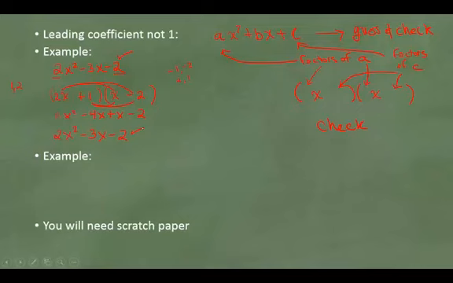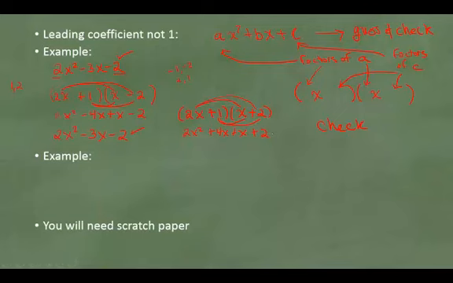Sometimes it might take you more than one attempt. Maybe you guessed it was 2x plus 1 and x plus 2. If you would have checked that, you would have seen that that is not the correct factorization. Let's try it real quick. 2x times x is 2x squared. 2x times 2 is 4x, positive 4x. 1 times x is x. 1 times 2 is 2.